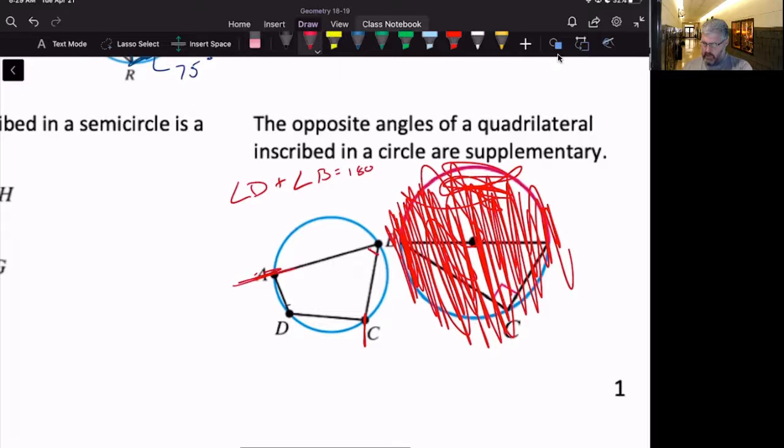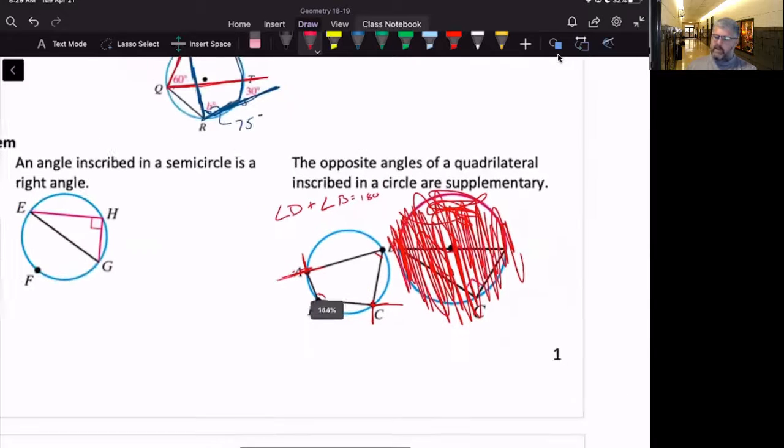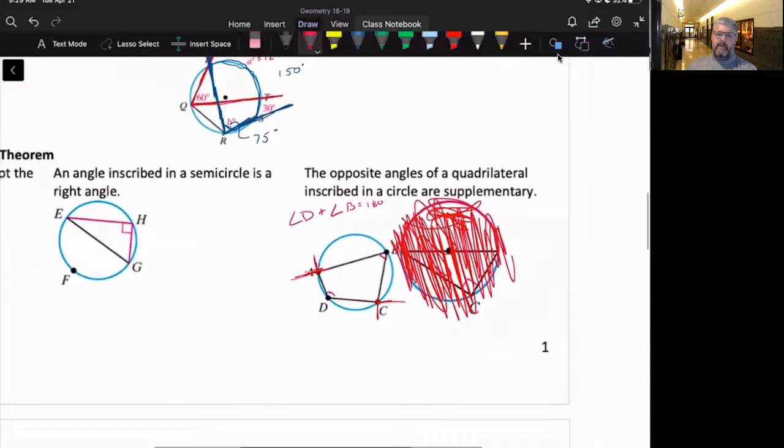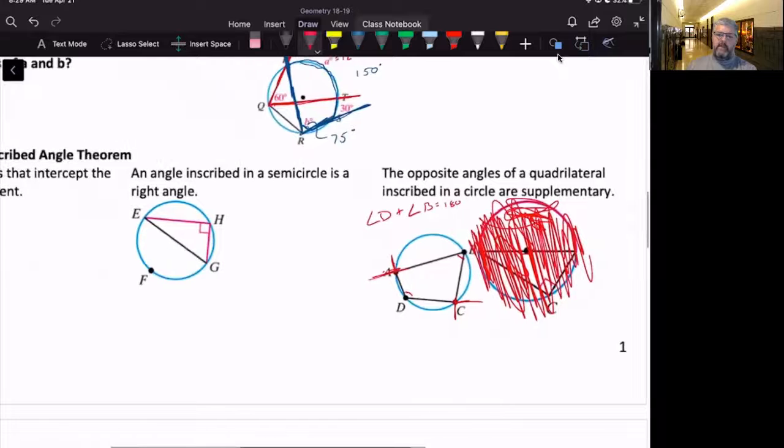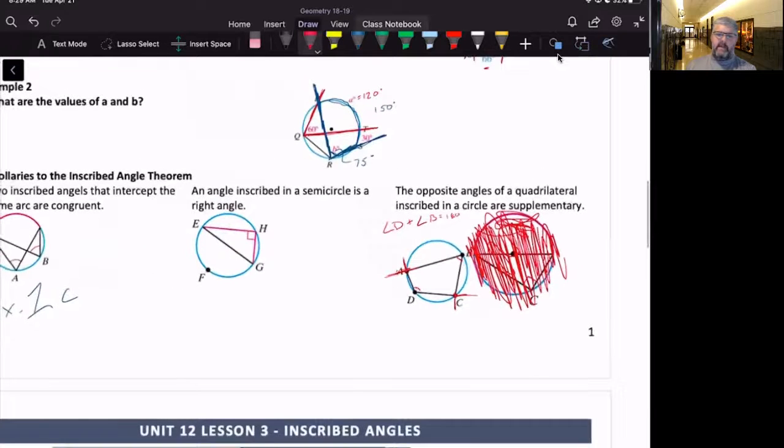And if we look at angle D, it cuts off the arc from A to C going the other way. So those two angles make up the whole circle. The full circle is 360, inscribed angles are half, so they're going to equal 180 when I add them together. That's any two opposite angles of a quadrilateral that's inscribed in a circle.